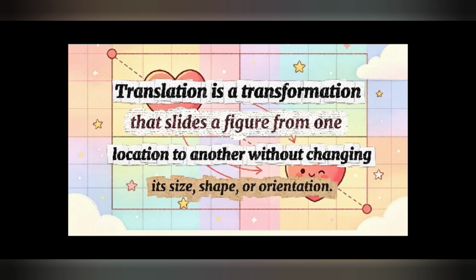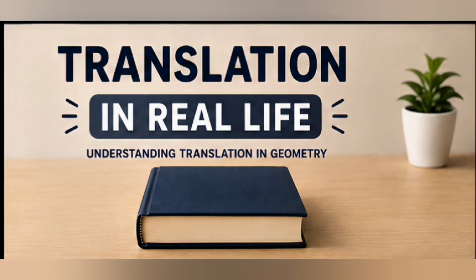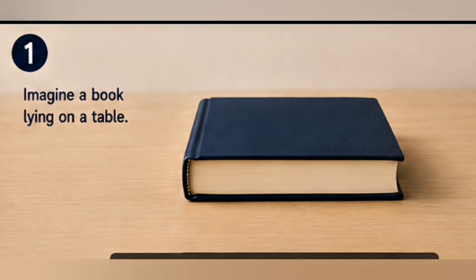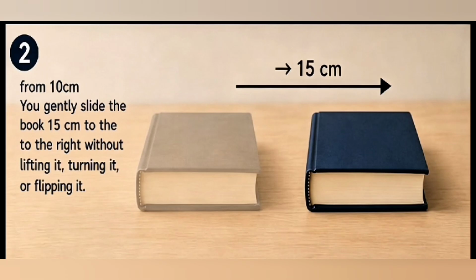Translation is a transformation that slides a figure from one location to another without changing its size, shape, or orientation. To make translation much easier to visualize, let's use a real object. Imagine a book laying on the table. From 10 cm, you gently slide the book 15 cm to the right without lifting it, turning it, or flipping it.